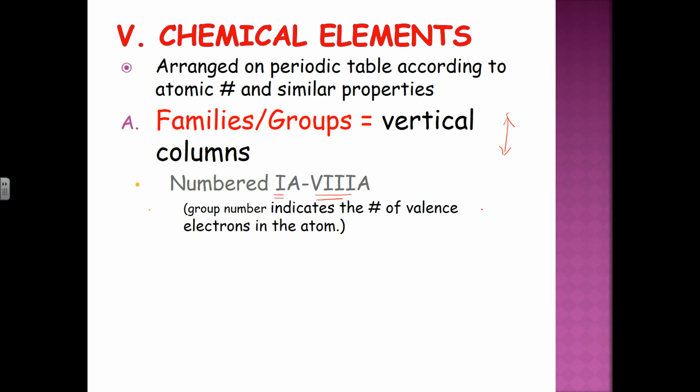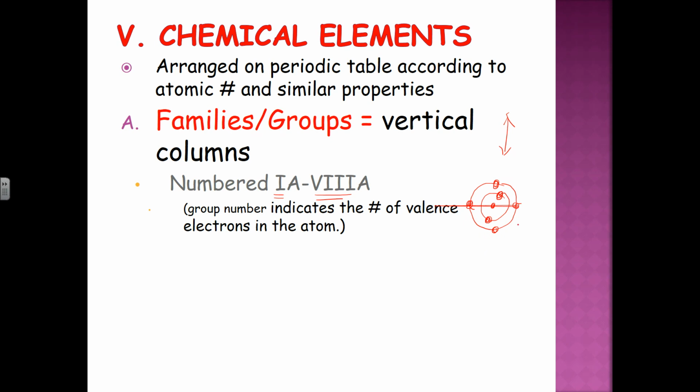Now, hopefully you remember from previous science classes, if this represents the nucleus of your element, drawing Bohr models. So let's say we have an element that has 2 energy levels around it. You would have 2 electrons in the first energy level. And let's say that you have 1, 2, 3, 4 electrons in the second energy level.